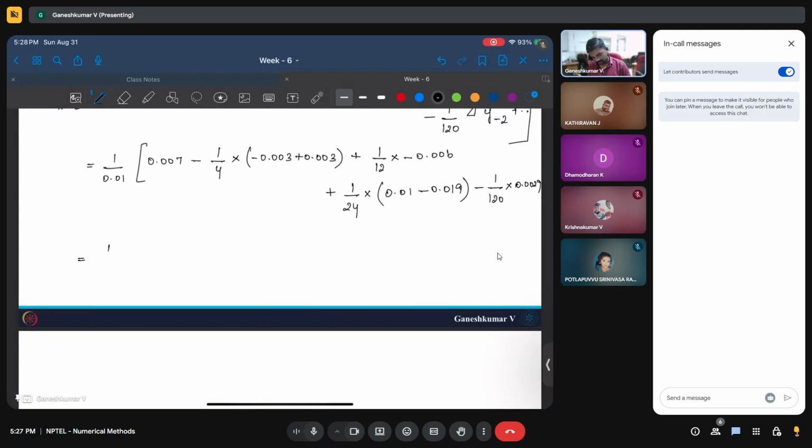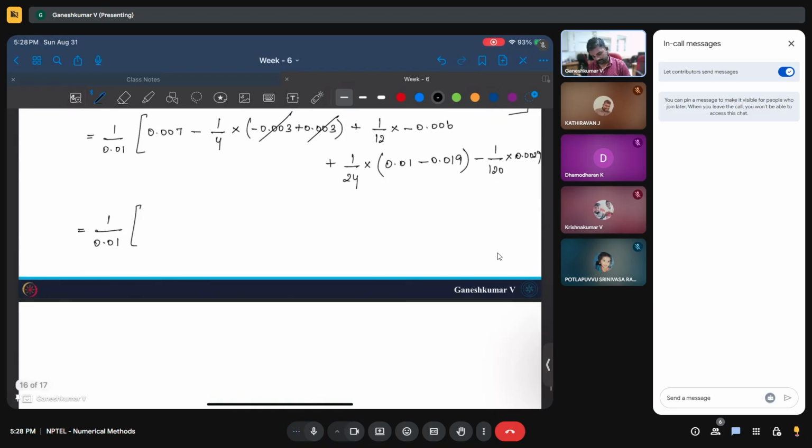Okay, let's simplify this. 0.01, this will go away, so you will have 0.007.